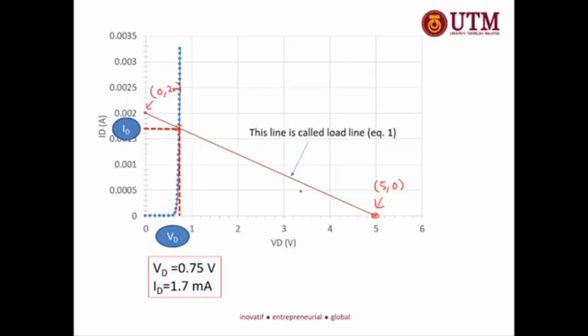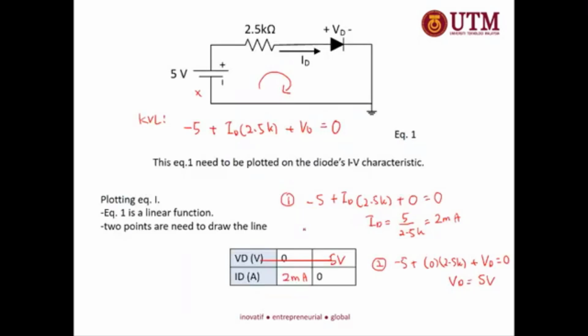In the previous question, you also need to calculate the VR, the voltage drop across the 2.5 kilo ohm resistor.